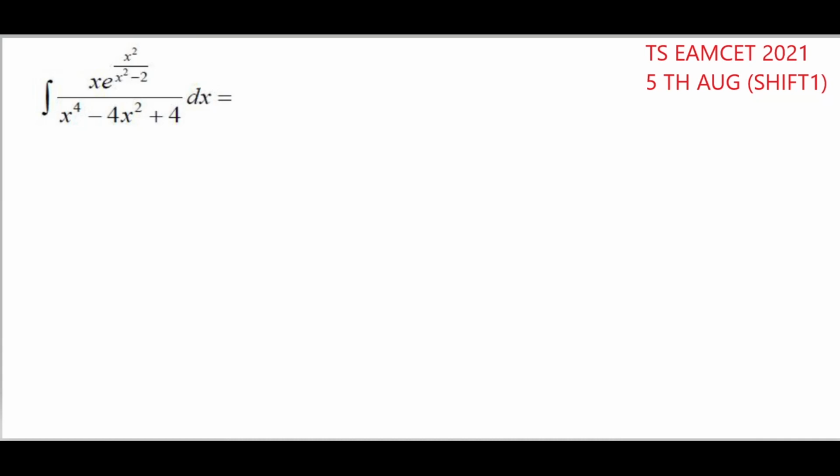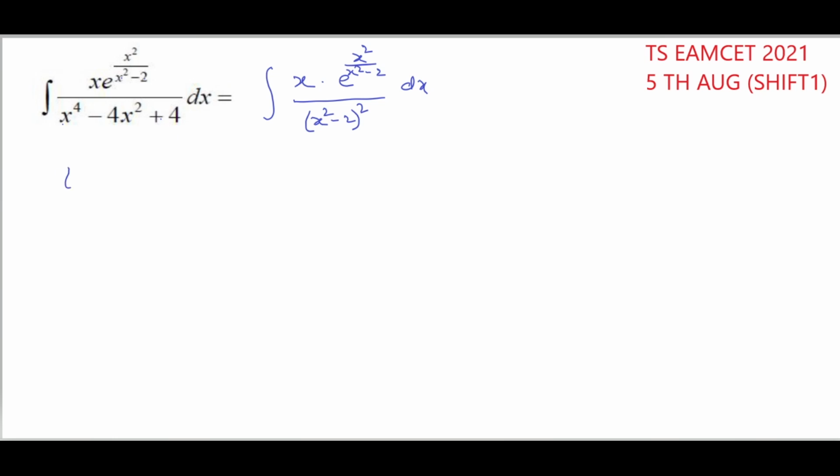Integration of x e^(x²/(x²−2)) / (x⁴ − 4x² + 4) dx. So this is the given integration of x e^(x²/(x²−2)) dx divided by (x² − 2) whole square, since this is a − b whole square, that is (x² − 2)².